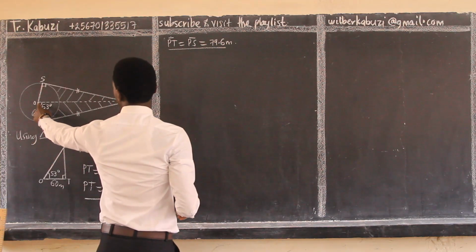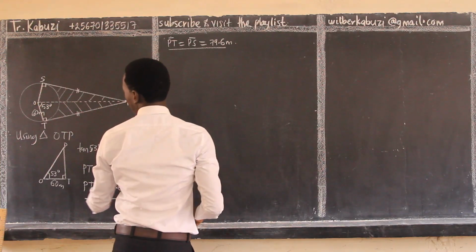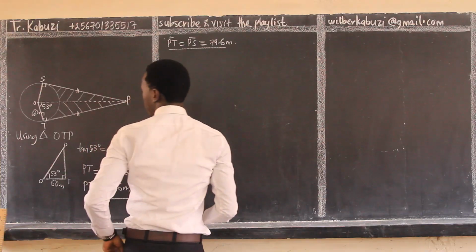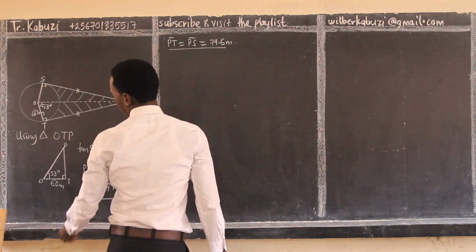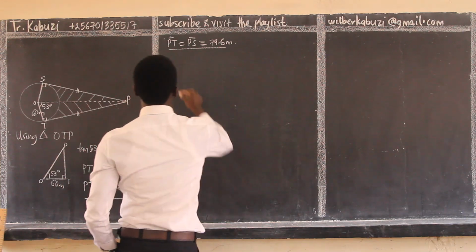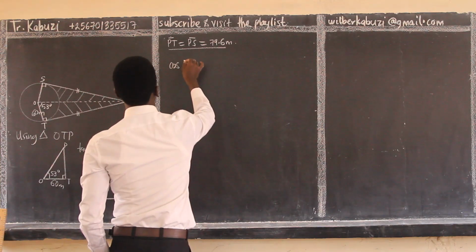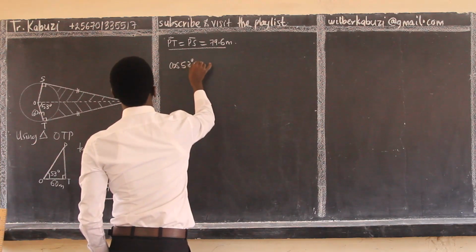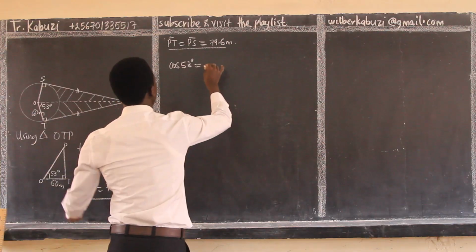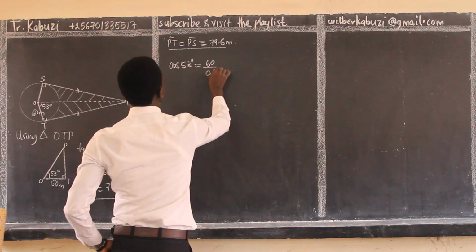Now I also want to get the length of this pathway. Remember that the pathway is OP. If I use that triangle still, I can get OP because I have the adjacent and I need the hypotenuse, so that calls for cos. So cos 53 degrees will be the adjacent 60 over the hypotenuse, which is OP.